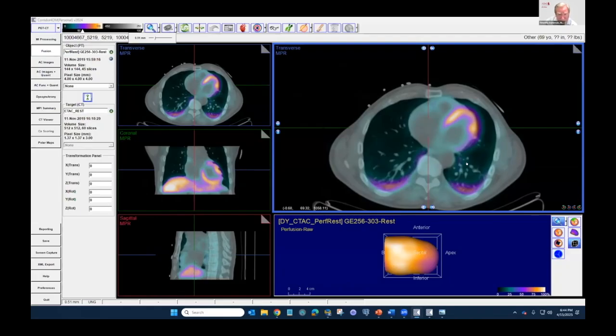Is it okay if I go first, James? Go for it. In our center, we actually use a color table that has a stripe in it at about 50 or 60% of the peak activity. And we tell the techs that the 50% contour should be within the CT soft tissue. That can help to provide a more quantitative visual guide.